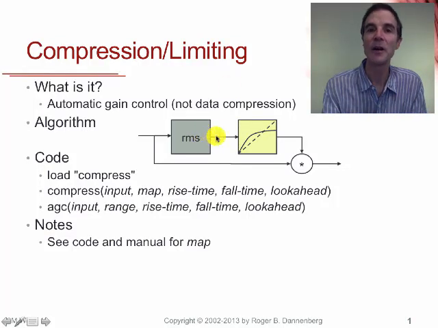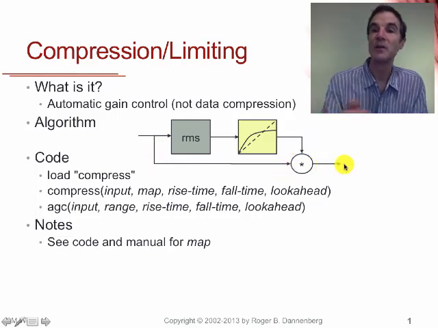And then we take that RMS value and we do some kind of lookup on a curve, which is designed to either do compression or expansion or whatever we want. And then the output of that curve gives us a gain factor, and we multiply the original sound by this gain to come out with a new sound.